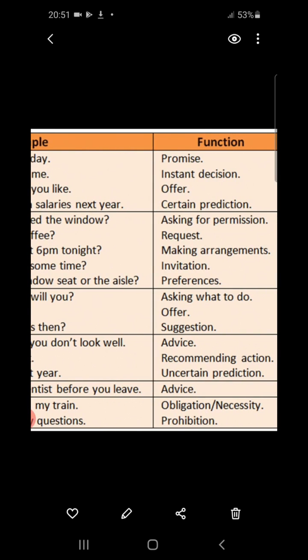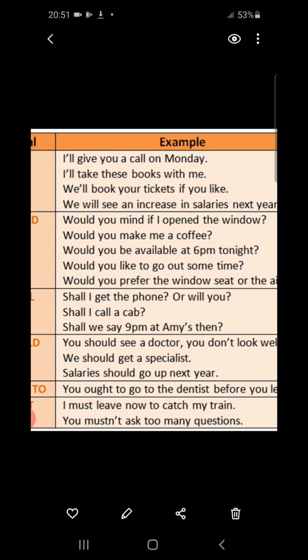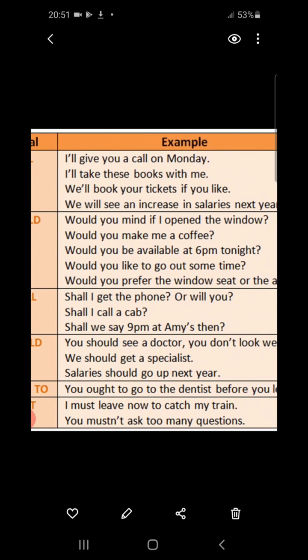It's a suggestion. Means, shall we meet or shall we say that we are going to meet at 9 p.m.? Where? Emmy's. Means a restaurant, suppose, or a coffee house.